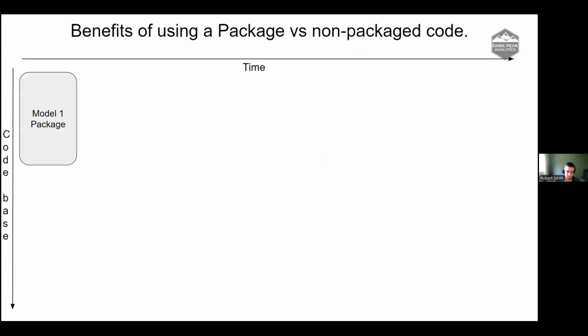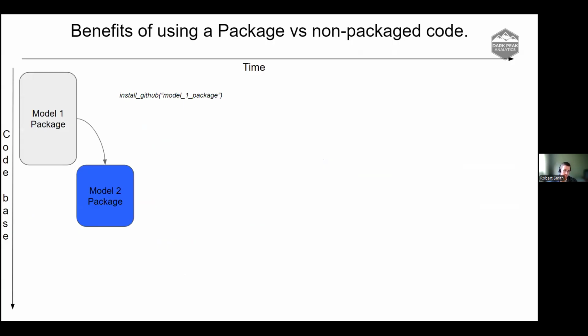And so you might imagine that we have a code base, and for the first model that we build, that contributes quite a lot of code. Well, everything is new, everything is novel in terms of the code base. But the second model we build can use a lot of the functions from model one.